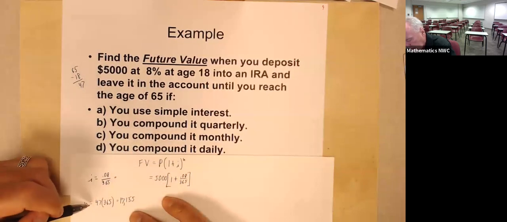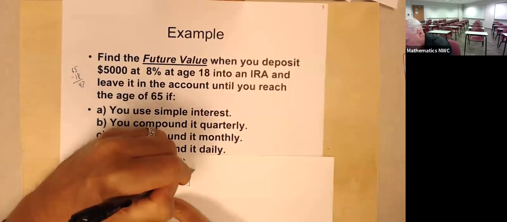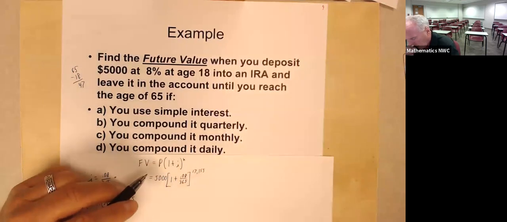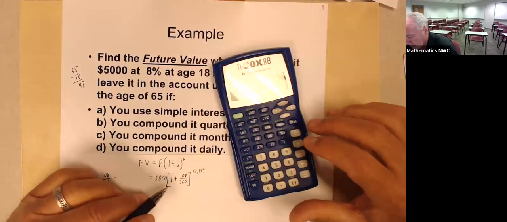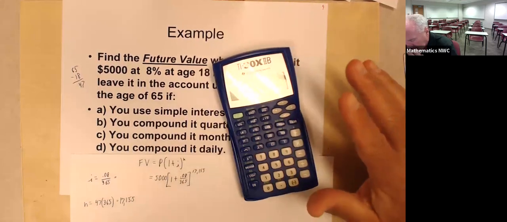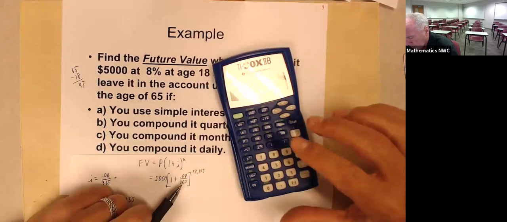The N I already calculated right here to be 17,155. If I were to do this problem all at one shot, this is not the only method, I get that, because some of you prefer to use parentheses and brackets, but a lot of people would prefer to do this.